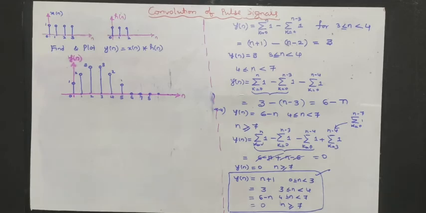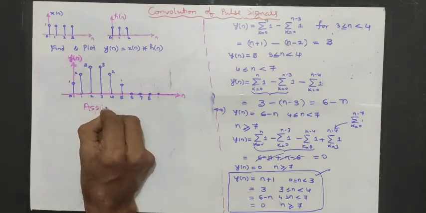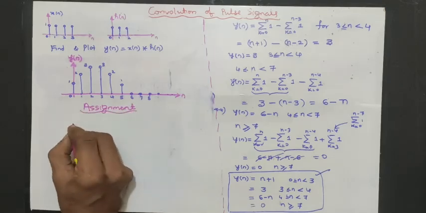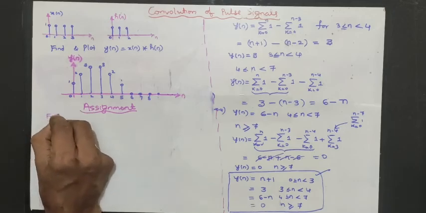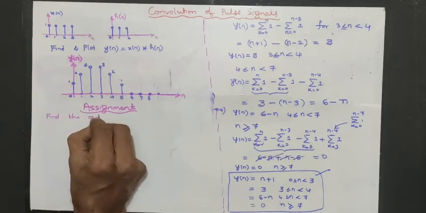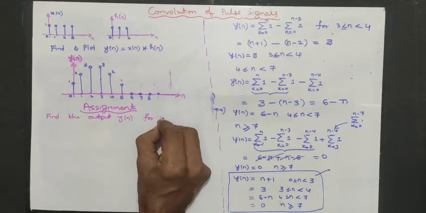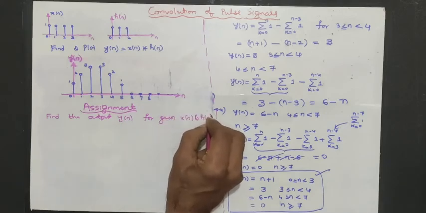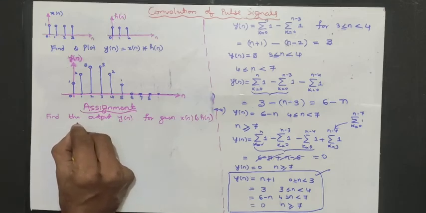Okay, I will just give one assignment. I will write that assignment here only. That assignment is: find the output y of n for given x of n and h of n.